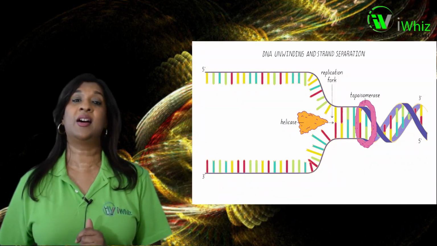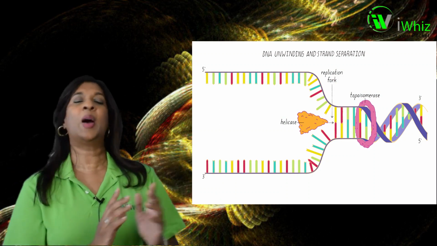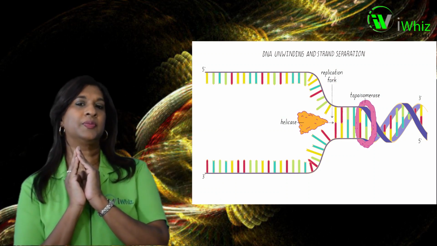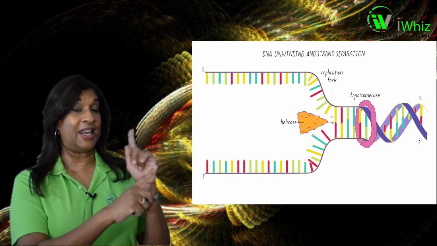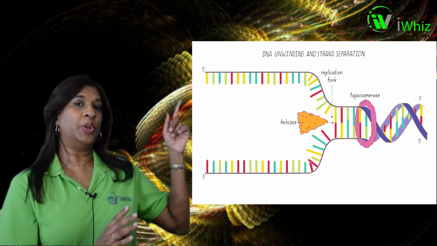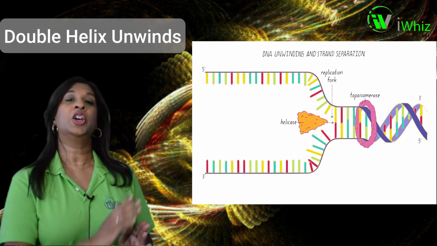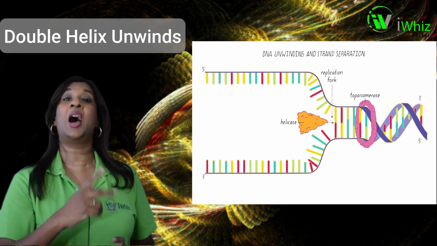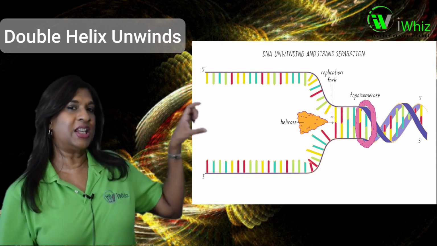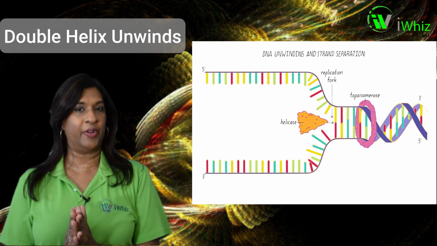Secondly, let's look at our diagram. What do we see happening to this DNA molecule? We know that DNA is a double helix, but what we can see here, and this is the first step of the process, your double helix unwinds. It takes on that ladder-like appearance.